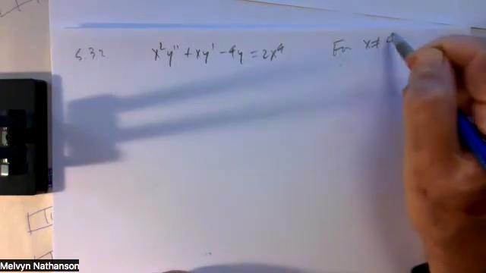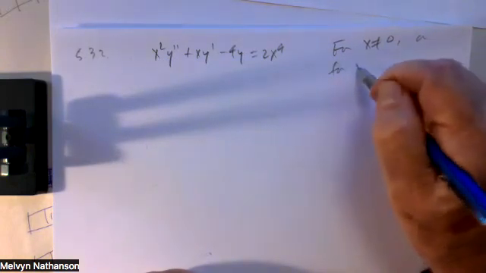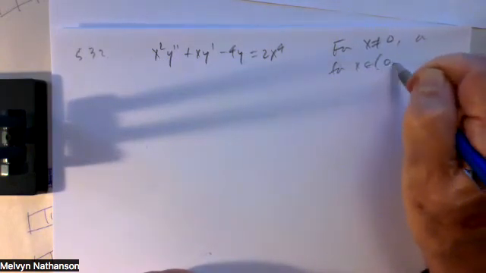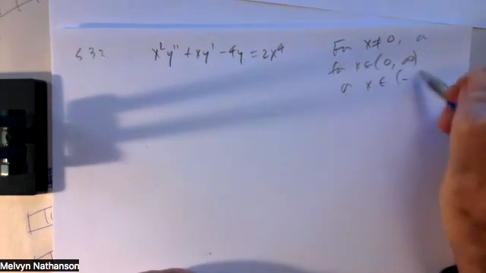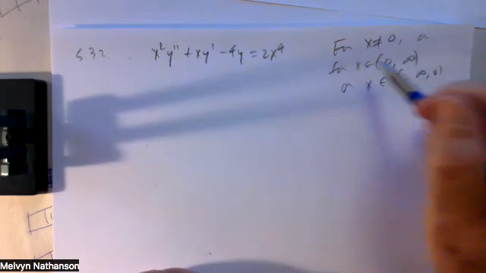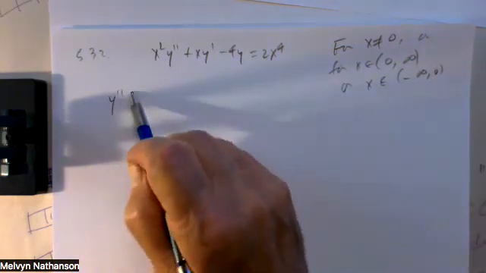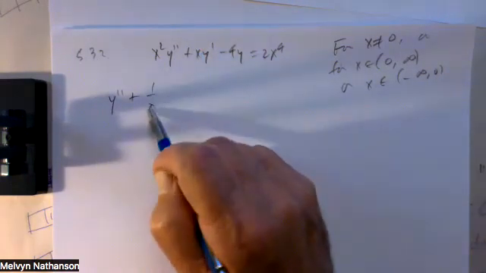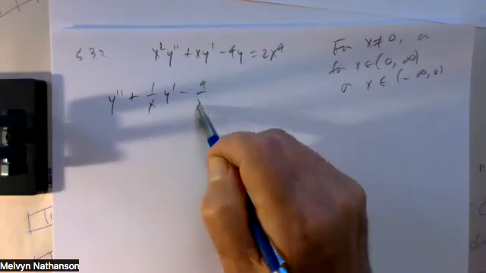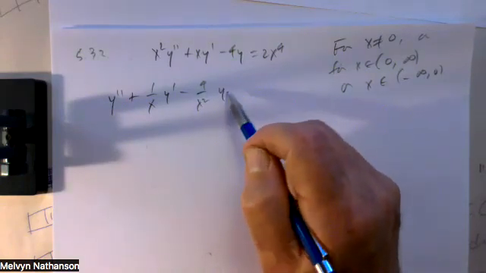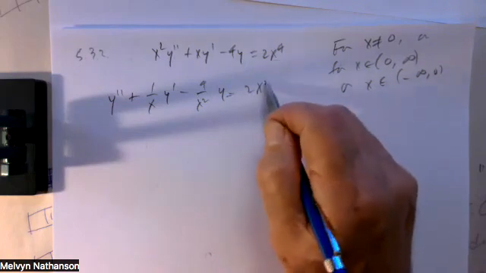So for x different from 0, or equivalently, either for x in the open interval from 0 to infinity, or x in the open interval from minus infinity to 0, we can divide by x squared. We get y double prime, x over x squared is 1 over x, minus 4 over x squared y, x to the fourth over x squared is x squared.